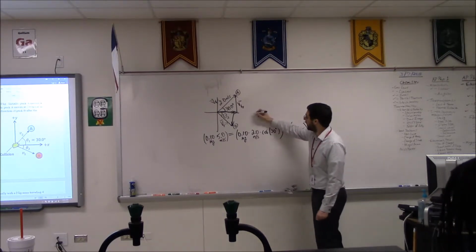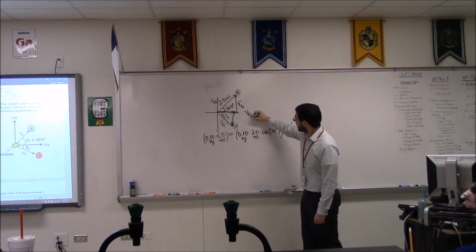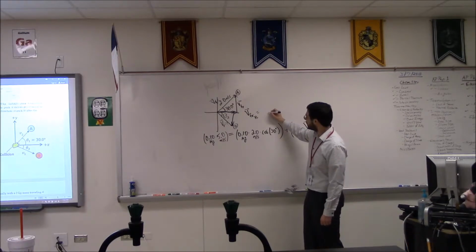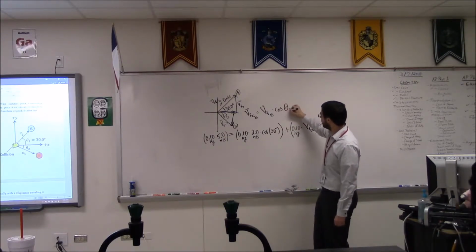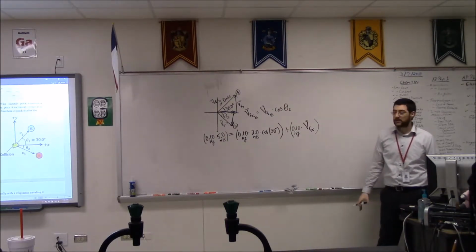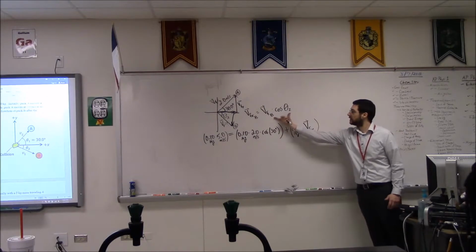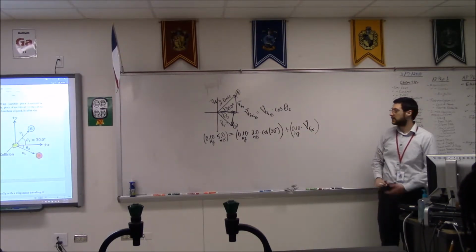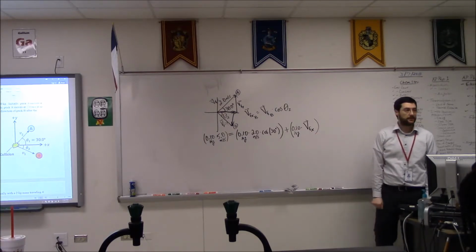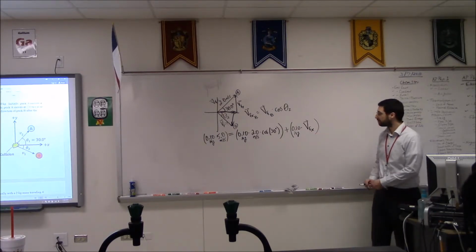Because I know that the final velocity in the x-axis of puck B is equal to the final velocity of puck B times the cosine of theta 2, right? So I'm just going to condense all of this into that right there and solve for just that piece. Is that okay? All right.